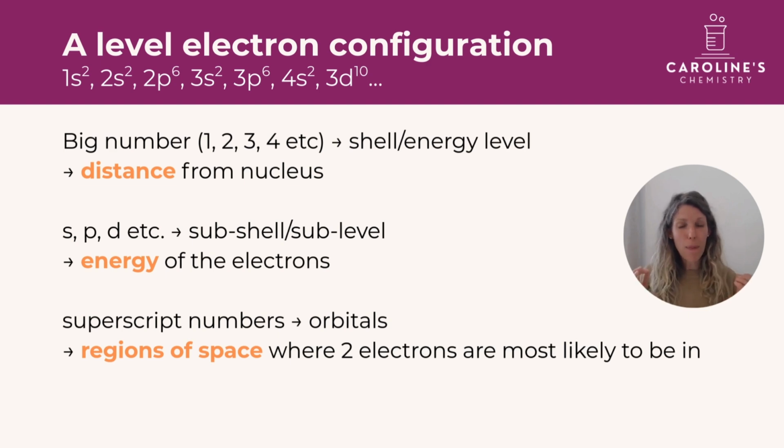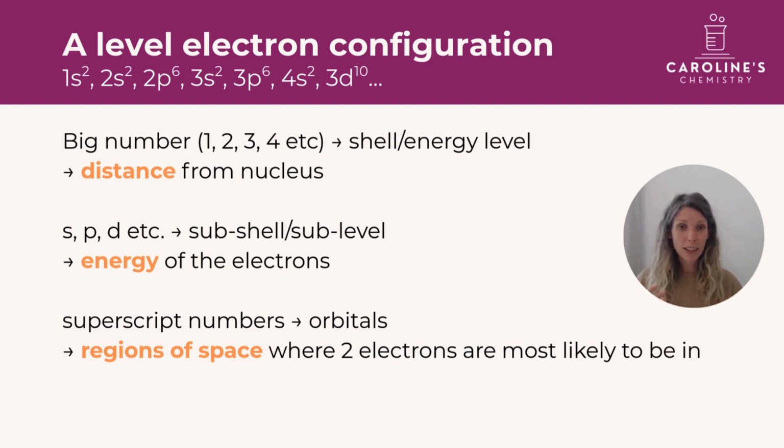The words in orange here, that's what I really want us to focus on. This is the key understanding at the heart of electron configuration. We have 3 pieces of information presented to us in our A-level electron configuration. We have the big numbers, 1, 2, 3, 4. They still represent the shells or energy levels.